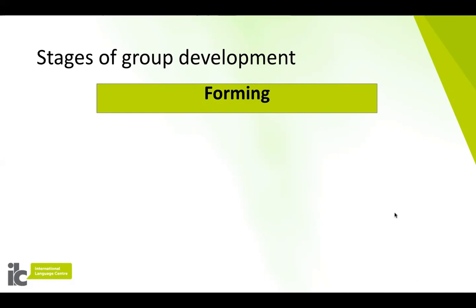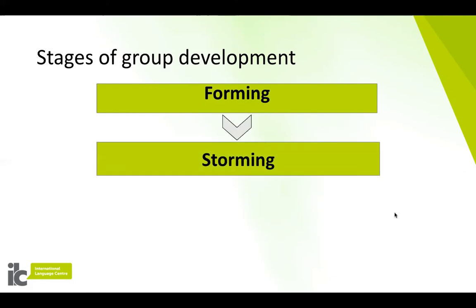Then next, what happens? The next stage is storming. This probably more or less happens at the end of September, beginning of October. So once their immediate, so to say, initial personal worries are calming down, they know where they stand, the group starts to attack the tasks.